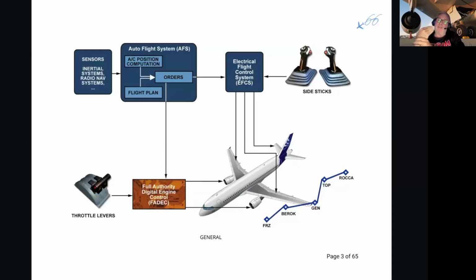So you will actually see the throttles move, advance and retard during flight. It was a Sperry auto throttle system. At some point, Honeywell bought Sperry, and Honeywell was the main supplier of all Boeing avionics equipment, so the auto throttle became a Boeing patent.